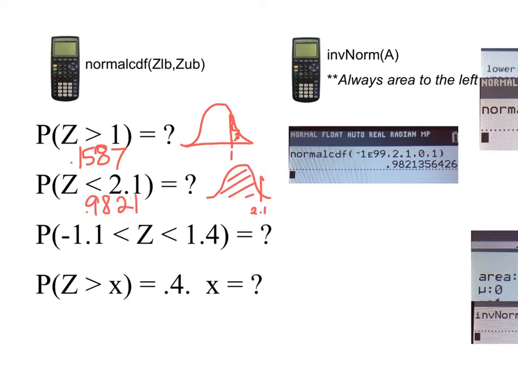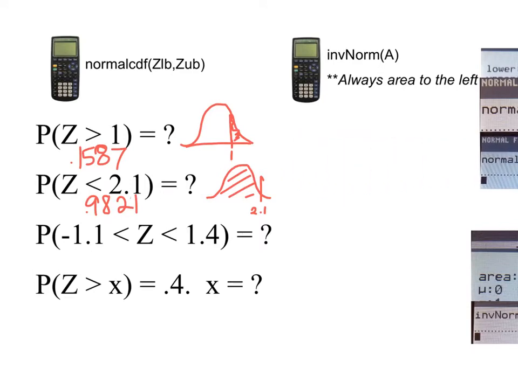Okay. So let me push that to the side. Now, the next question says, well, what about a Z between -1.1 and 1.4? So now these will serve you. You won't have to do the 1E99 because these will serve as your lower and your upper bound. So let me drag in the calculation for that.